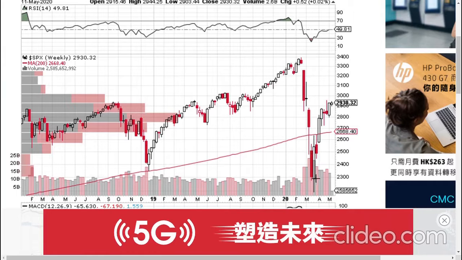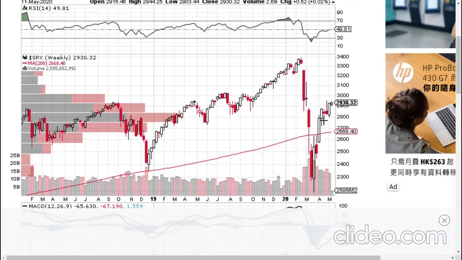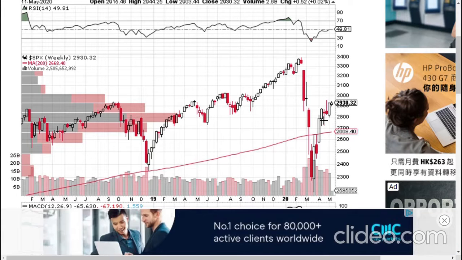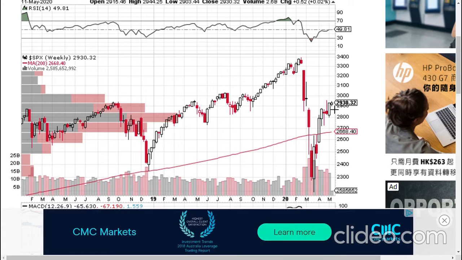In March, when there was a huge drop, there was a lot of pain for those people. And now the price has returned to this level. Do you think they will still keep it? I think a lot of them will have sold it just for safety because they have been scared a lot already. So that's a huge resistance, and this area is a huge resistance for the price to go any further.